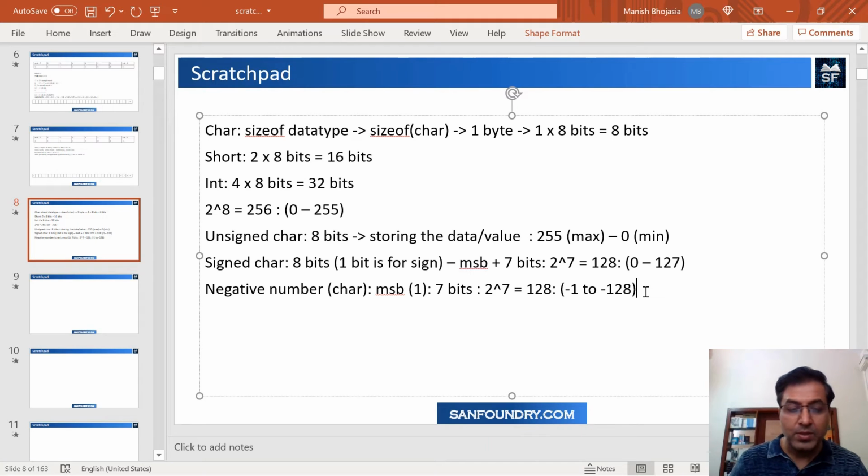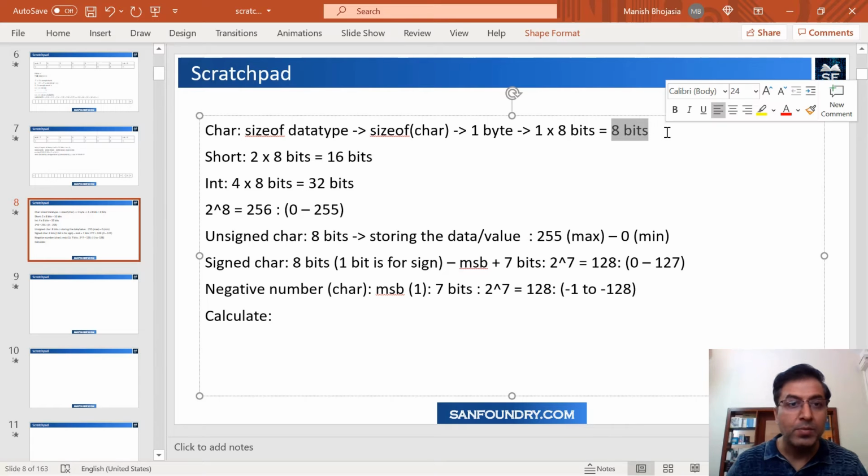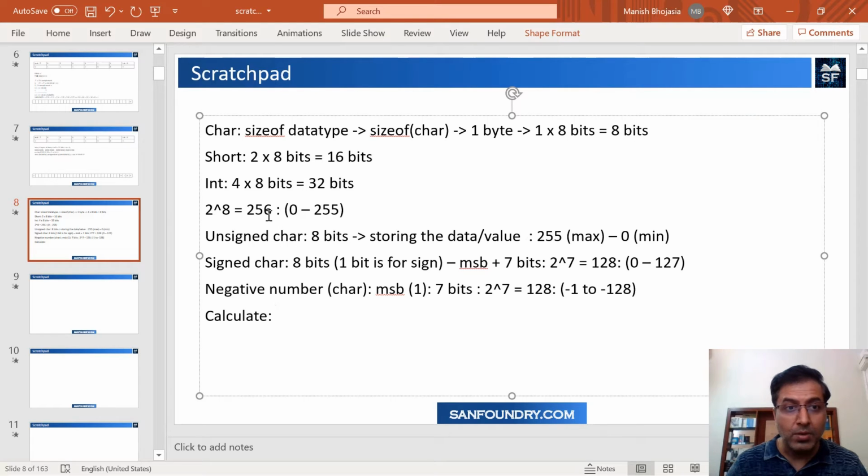What's the next step? The goal was how to calculate, and calculation is what I have shown you. This is easy to calculate for an 8-bit entity. But when you talk about higher types like short and integer, it's very difficult to remember and calculate these values.